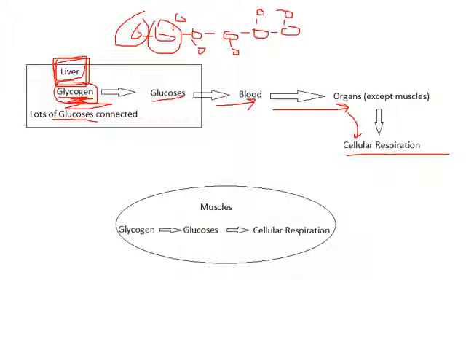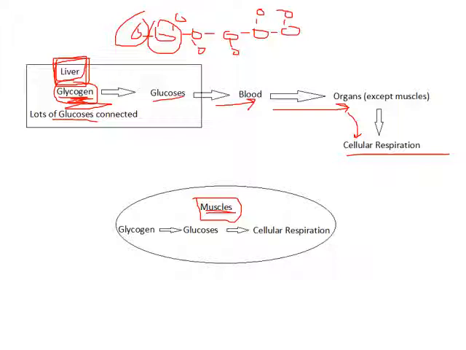If you exercise, or not even exercise, just live, muscles require a lot of energy to work. Evolutionary wise, human beings used to work and move a lot, and so they would use their muscles a lot, which means that they would use a lot of glucose.